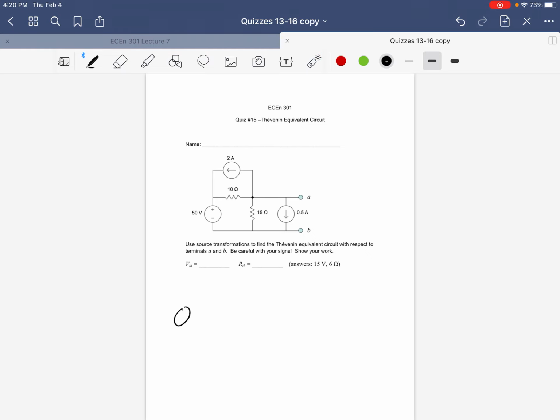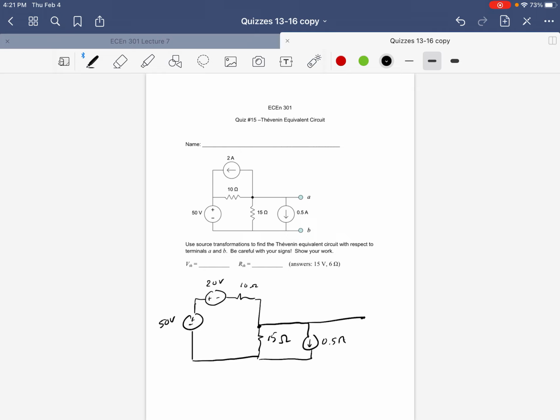So we would have our 50. Let's see. We're going to have our plus or minus 50 volt voltage source, and now that is going to be in series with a 2 times 10, or a 20 volt voltage source, and a 10 ohm resistor, and then that's going to come down and meet here with a 15 ohm resistor, and then we've got a 0.5 amp current source, and there's A and B. I obviously need to write smaller.